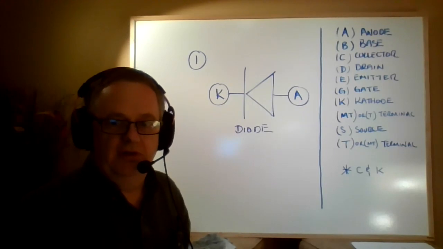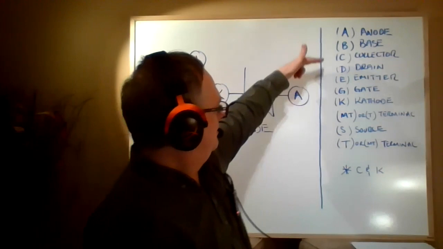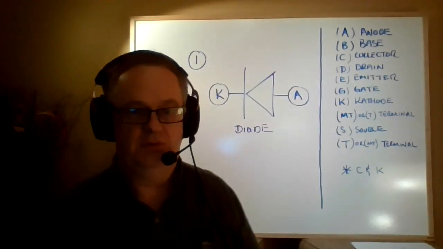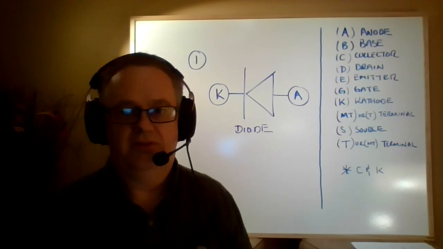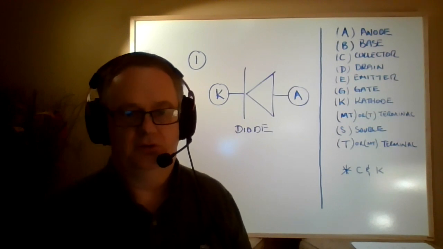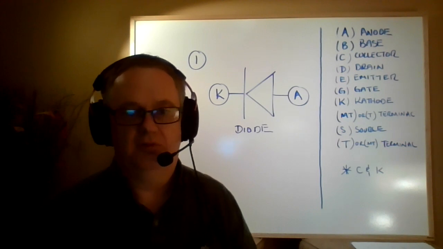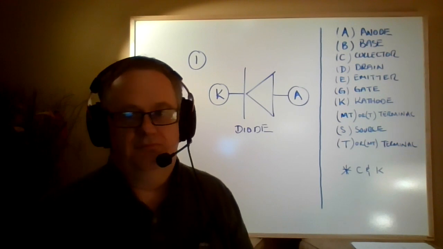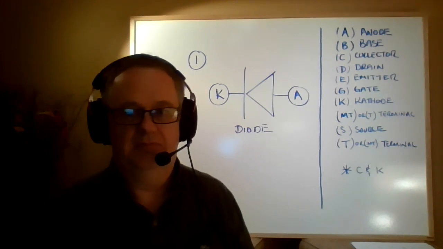You'll notice that I have listed here on the side a little bit of an alphabet, if you would, and these are essentially the letters that match to some very standard common terminal identifications on electronic components. So, for instance, the word anode, it's used in many different components.